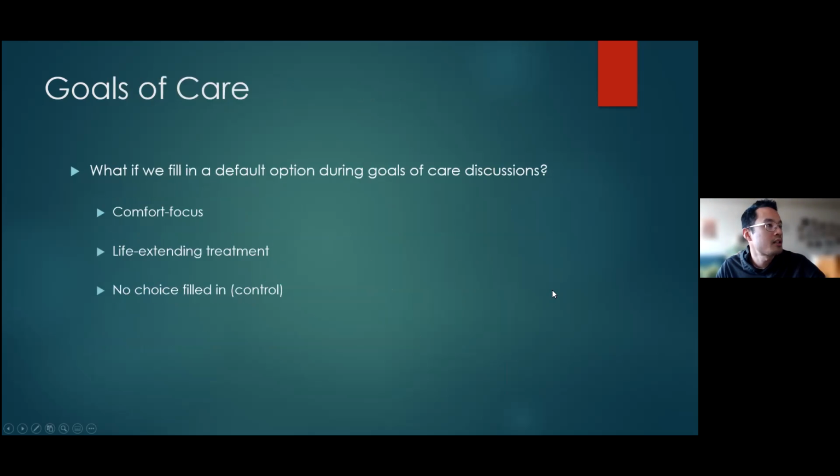The next study that the group did is they asked, okay, what's going to happen if we fill in a default option during goals of care discussions? So the control group, they didn't fill in anything. And then the different intervention groups is they either put in comfort focus or they put in life extending treatment.